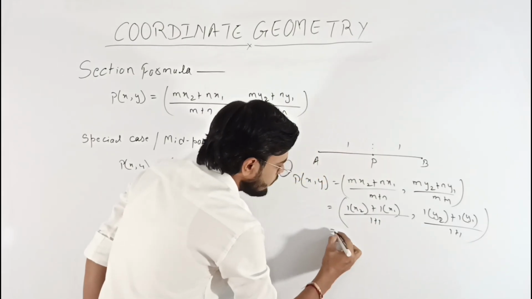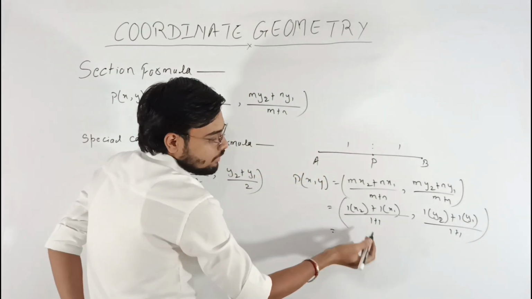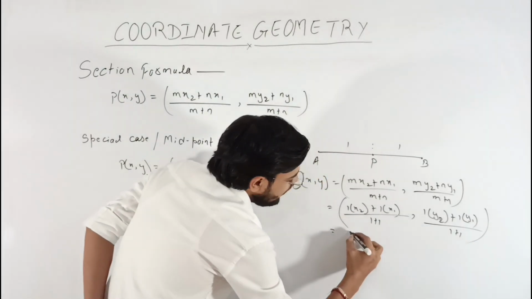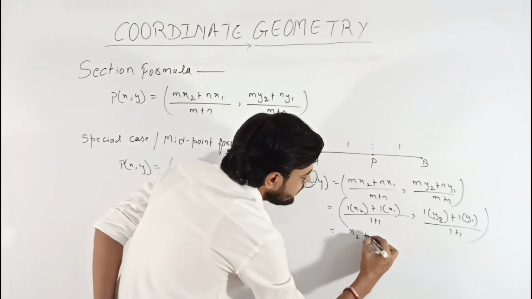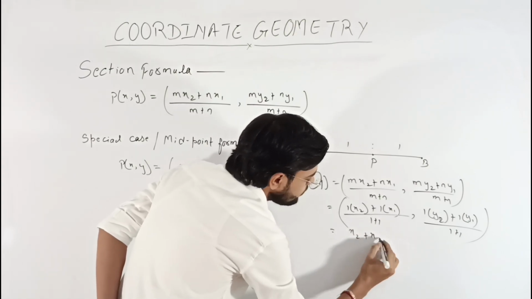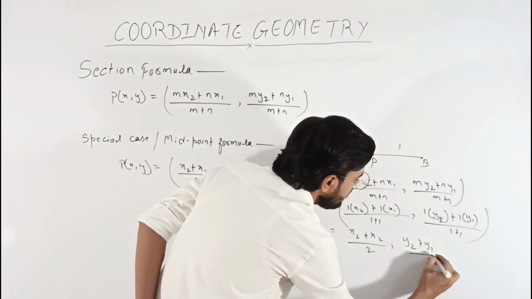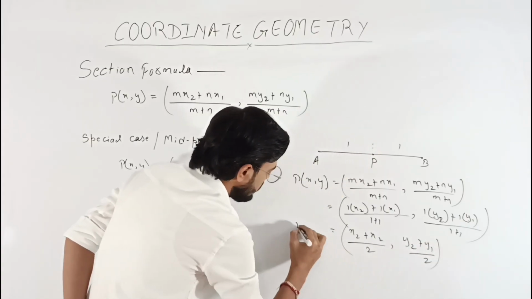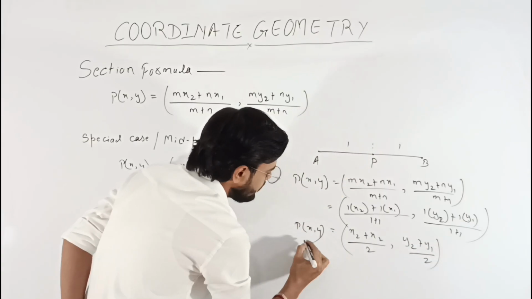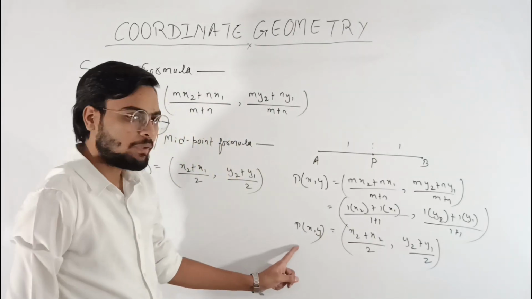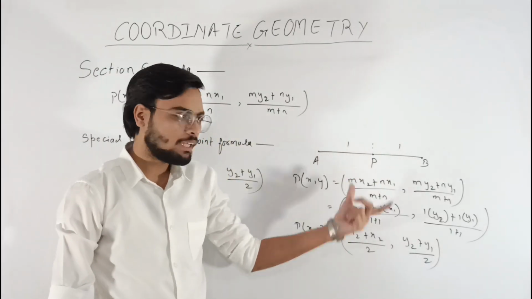Now add this. 1 x2 multiplied with 1 is x2, x1 multiplied with 1 is x1. Now 1 plus 1 is 2, same here, y2 plus y1 upon 2. So this is the coordinates of point P when P is the midpoint of this line AB.